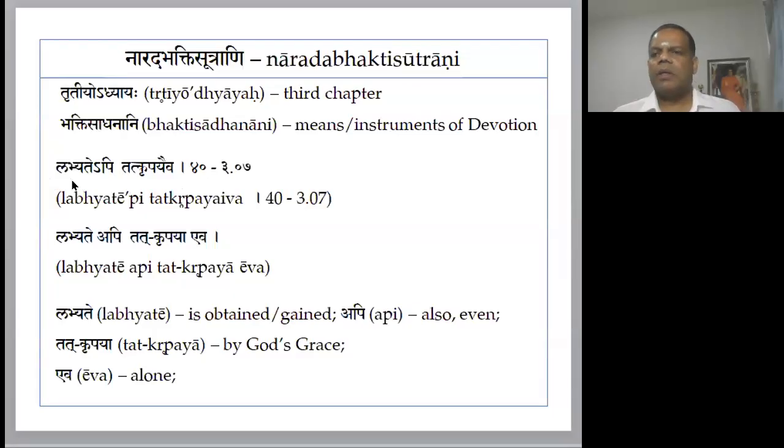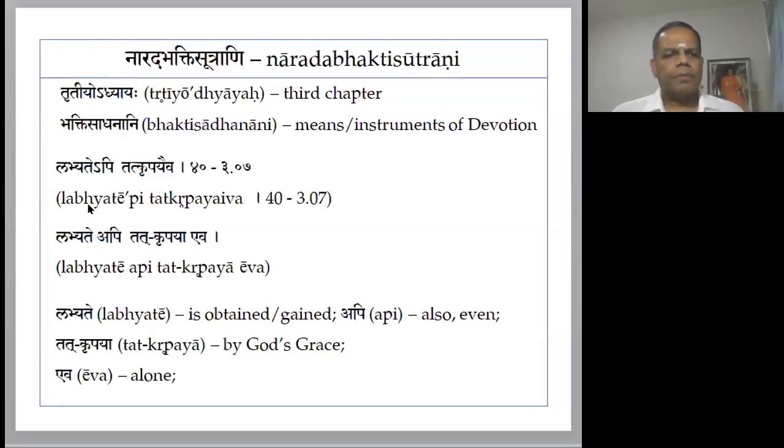So please pay attention to that. Other than that, none of the other letters are aspirated. So it should be rather simple for anyone to read it.